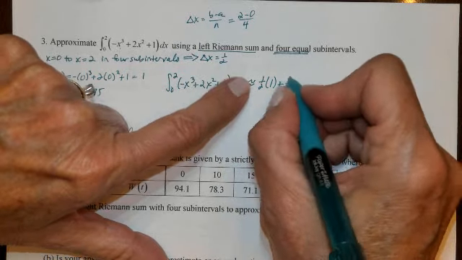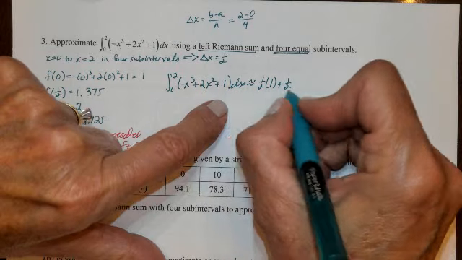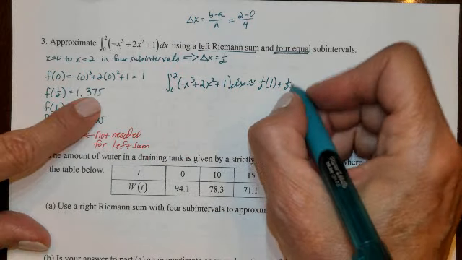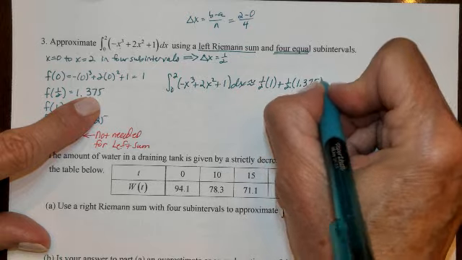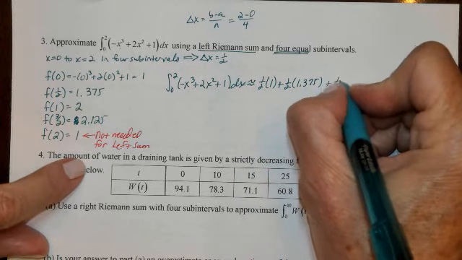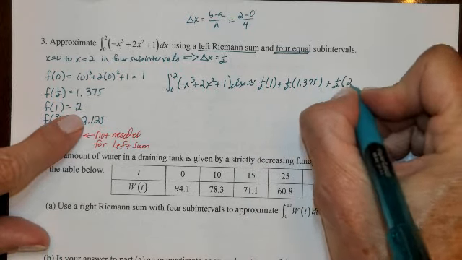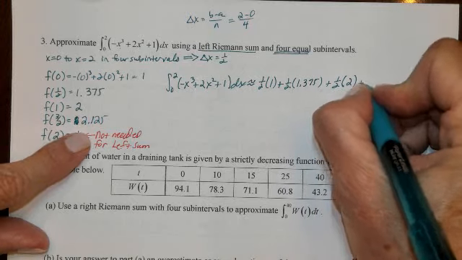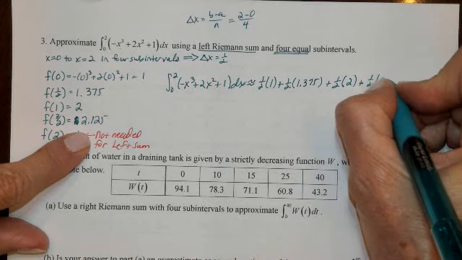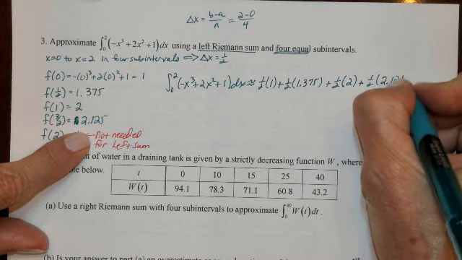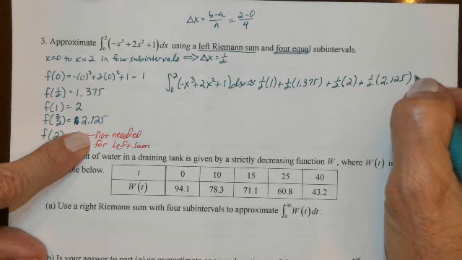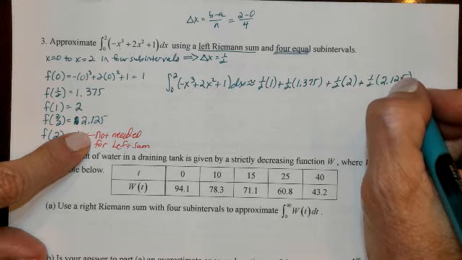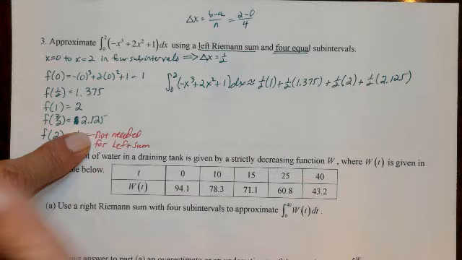So if you wanted to, you could take that 1/2 out of all of them. I'm just going to write it like this. The next height will be the 1.375. 1/2 times the next height is 2, and then 1/2 times the very last rectangle's height, 2.125. Okay? And if this is not a multiple choice, that's all I write. I don't box it, I just leave it.